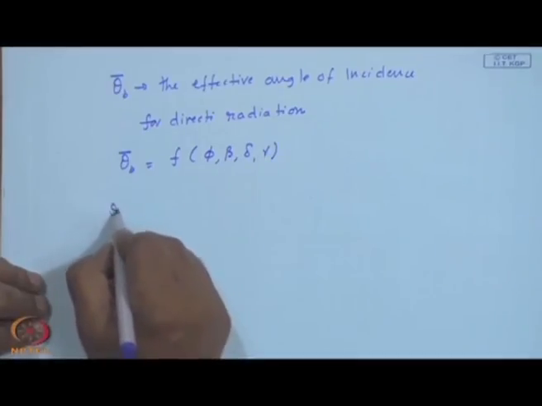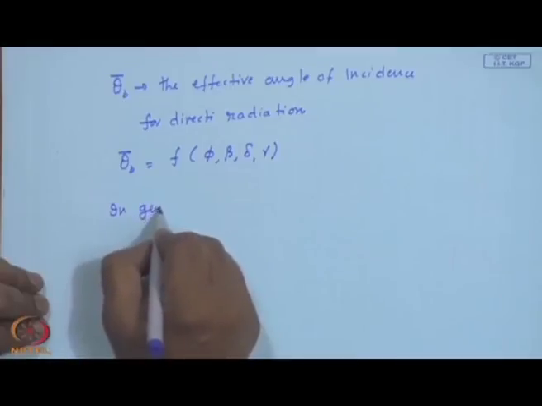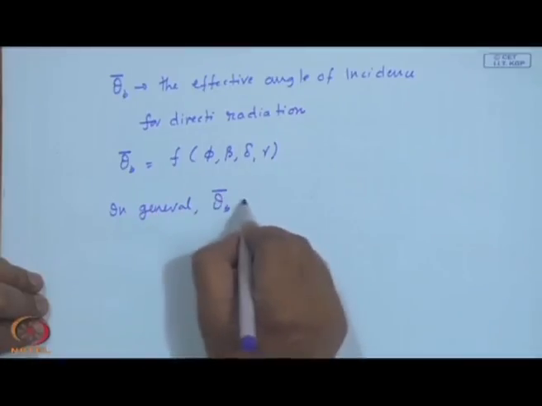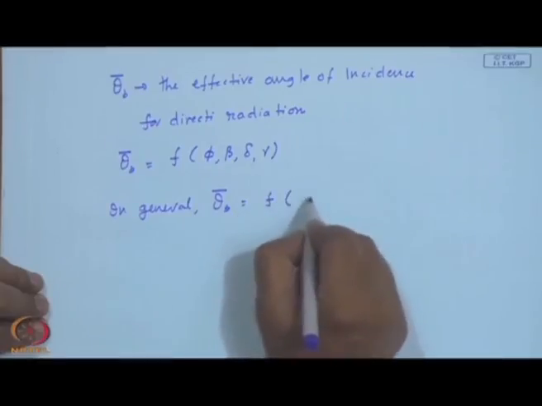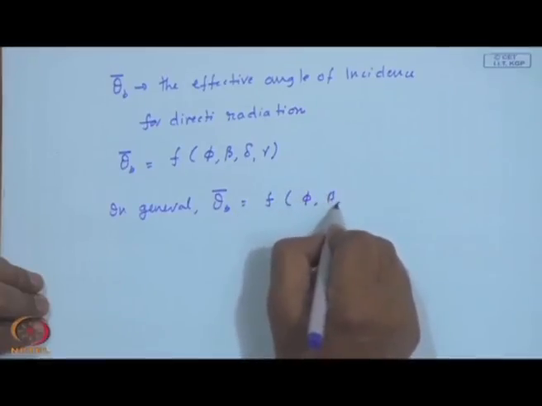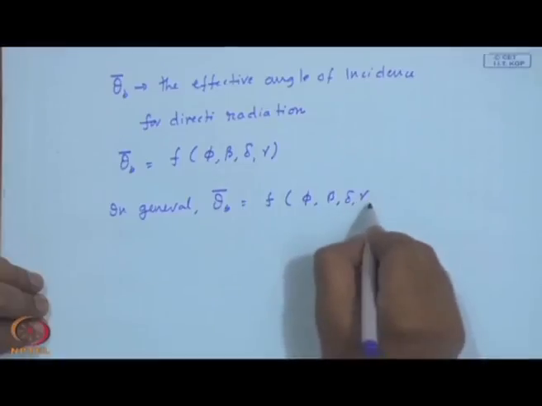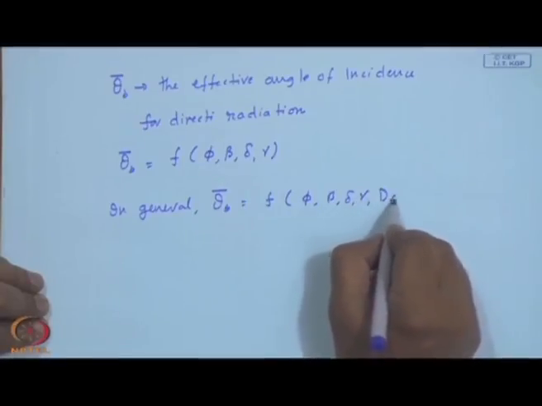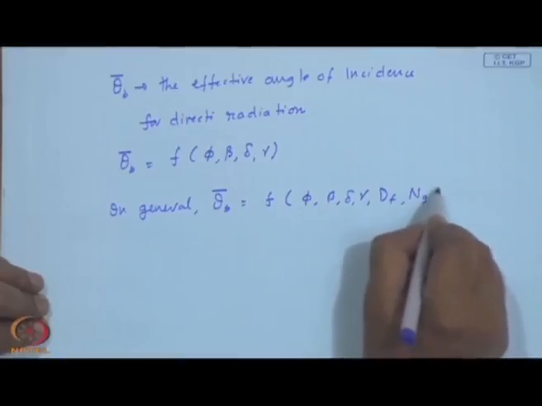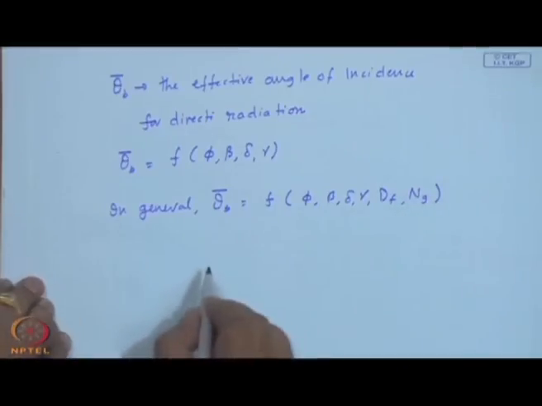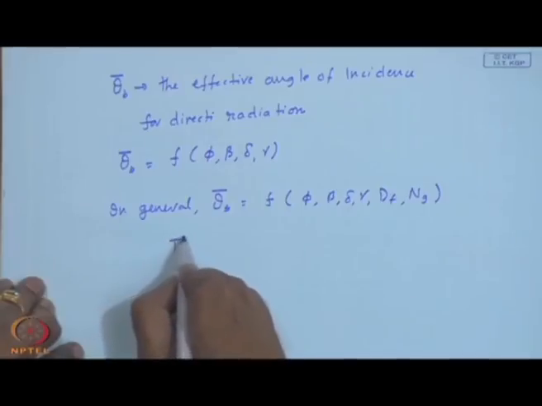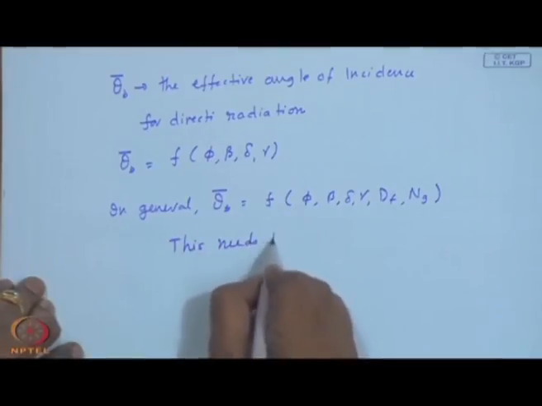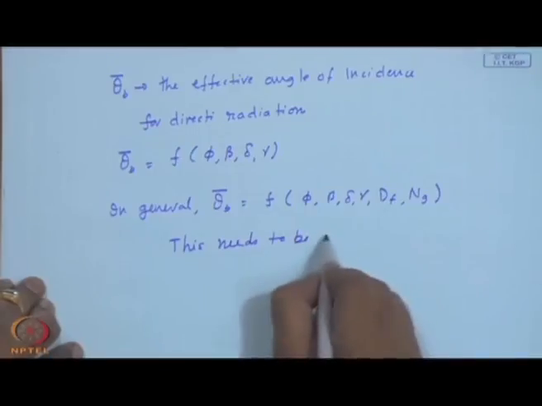But in general, theta b bar can be expected to be a function of phi, beta, delta, gamma, diffuse fraction and the number of glass covers. This needs to be examined.